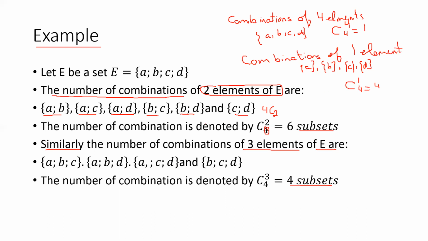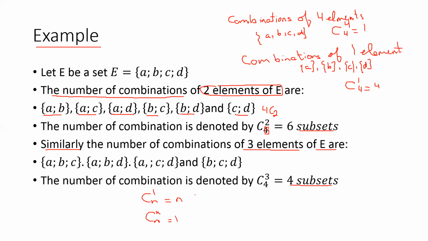Now after this example I have to take some properties. In general, George, can you tell me n choose 1, how much will we get in general? N. If I have n choose n, how much do we get? 1.